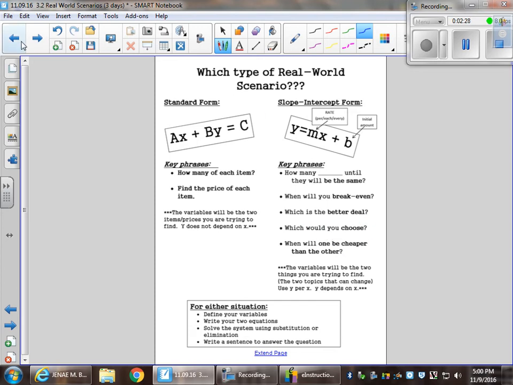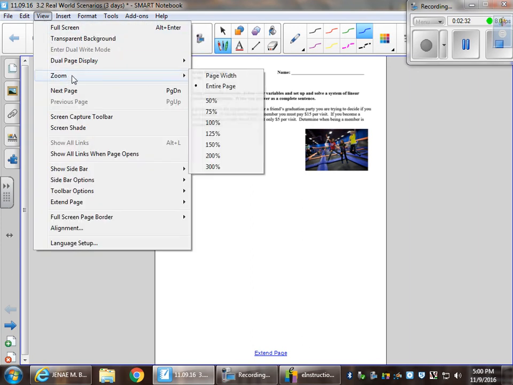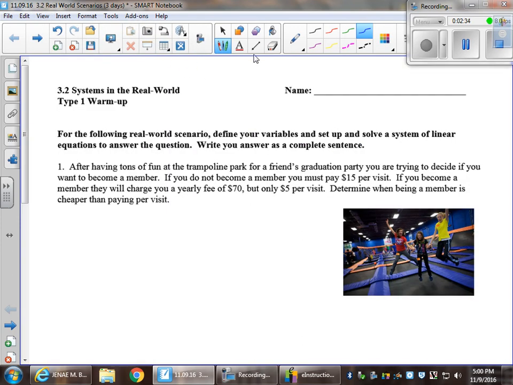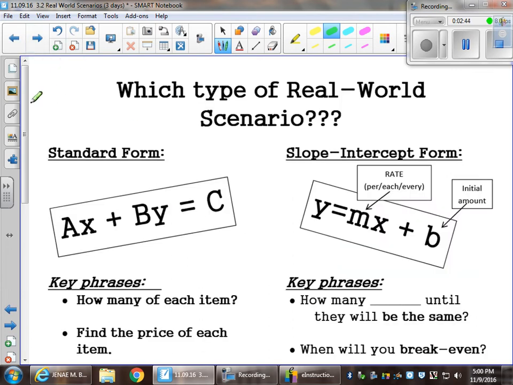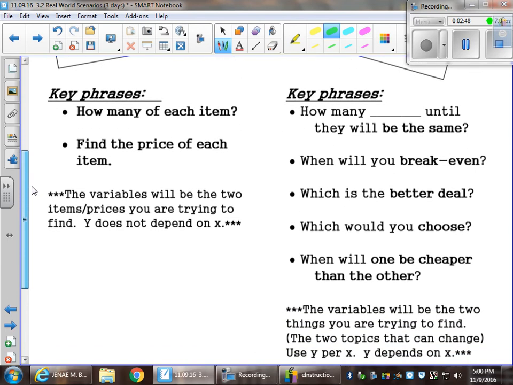So let's go back and see what question we were asked here. It says, determine when being a member is cheaper than paying per visit. And if I look at that handout from class, and I look for a similarity in questions, that sounds a lot like this one.